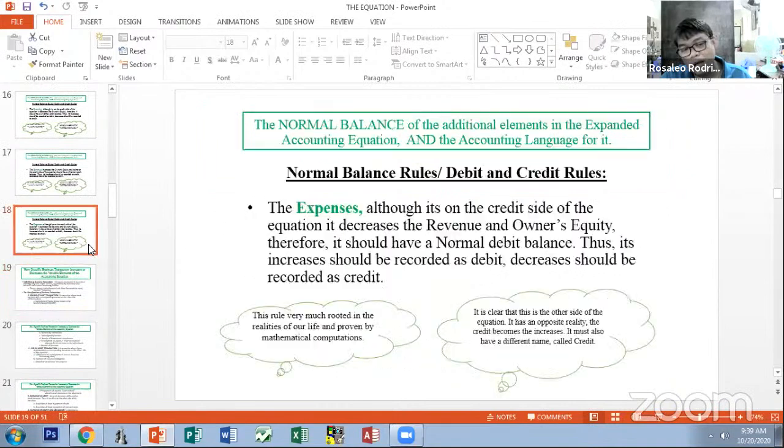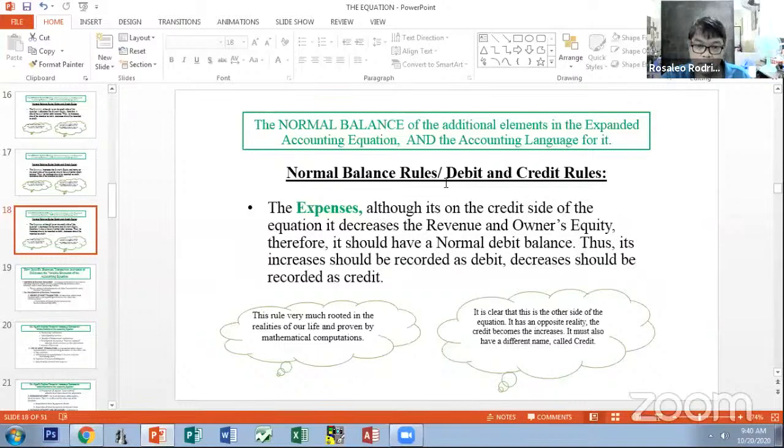Now, of course, it will take a while for you to master these normal balance rules, debit credit rules. But by practice, I think you have some textbooks that you use as reference.